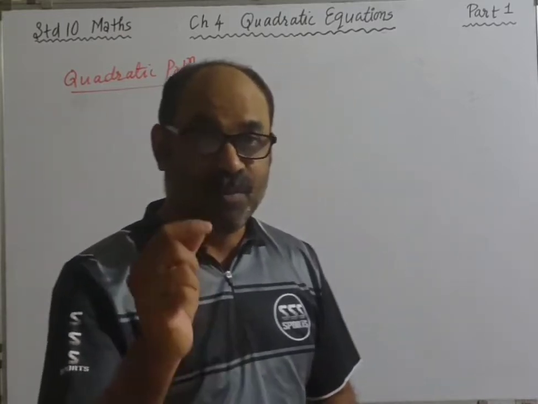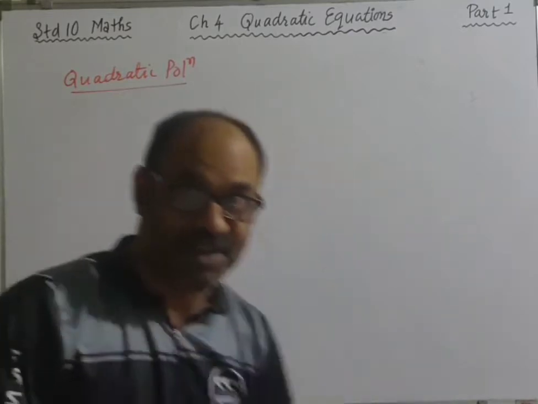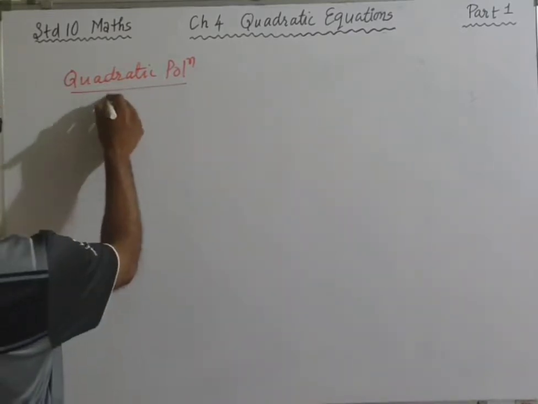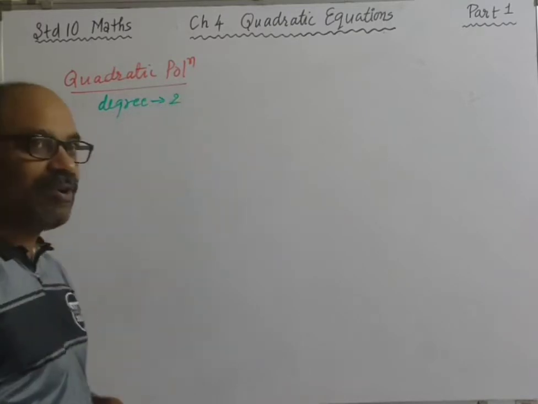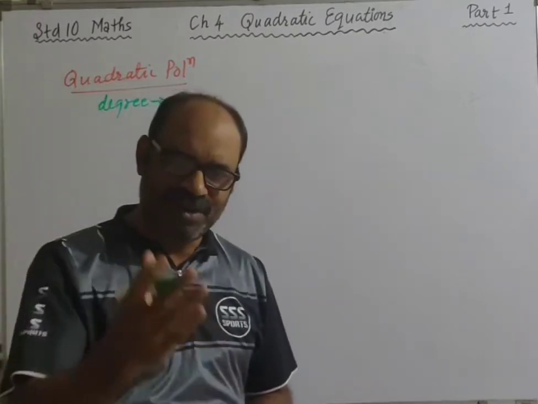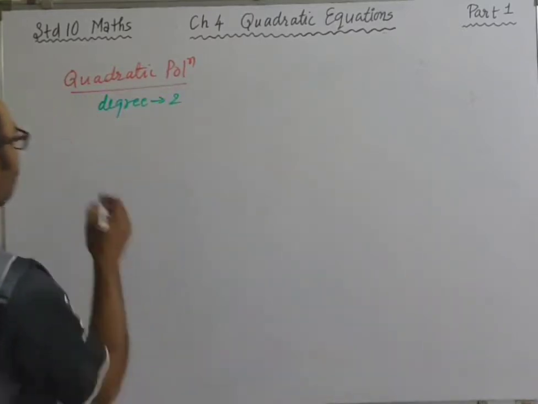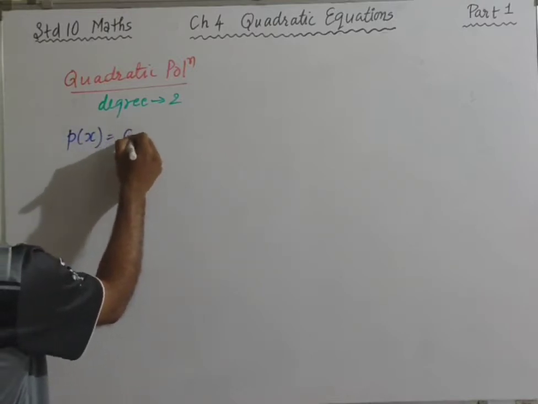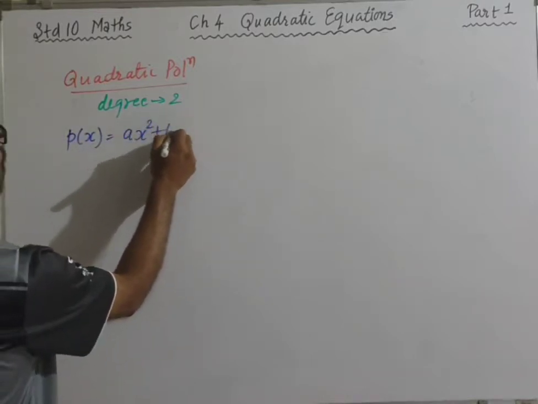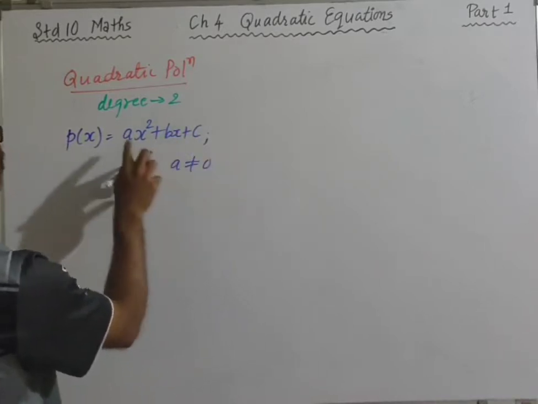Okay. Now, polynomial with degree 2. If the degree of the polynomial is 2, then it is called quadratic polynomial. You have learned P of x, a polynomial in variable x: P of x is equal to ax square plus bx plus c, where a is not equal to 0.